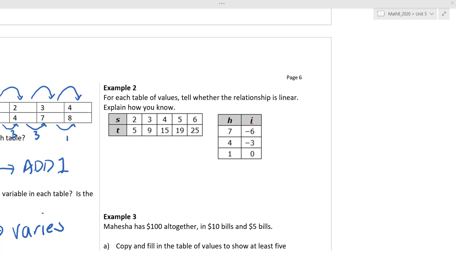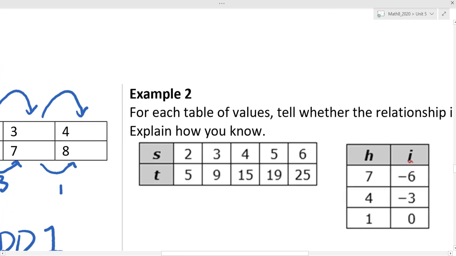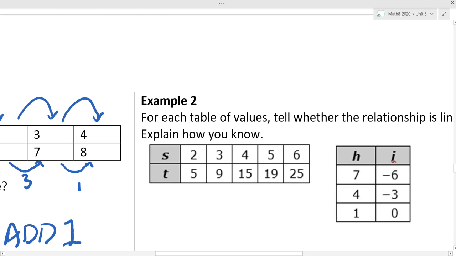Okay, let's look at this, because the first one I know isn't linear. For the S, that is 1, that is 1, that is 1, that is 1. This, what is this? 4, and then that'd have to be 6.